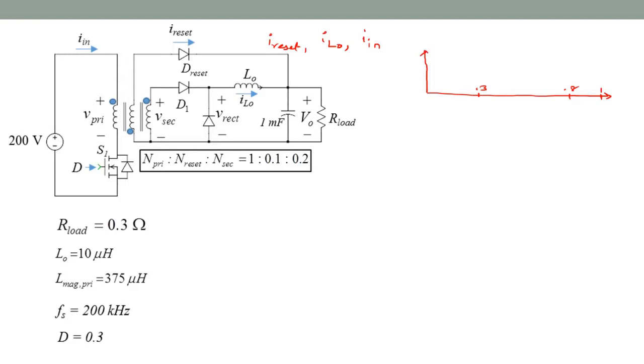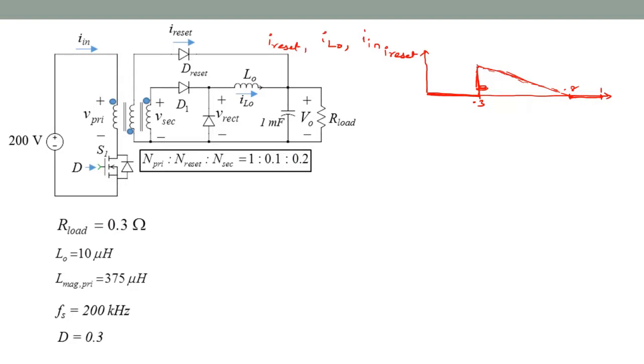Drawing the reset current first, I reset has zero current during the entire on interval. Then it jumps at 0.3 to some value corresponding to the peak magnetizing current in the primary, and then reaches exactly 0 at the end of the off interval 1. In fact, the off interval 1 is governed by when the reset current reaches 0 and remains 0 for the remainder of that period.